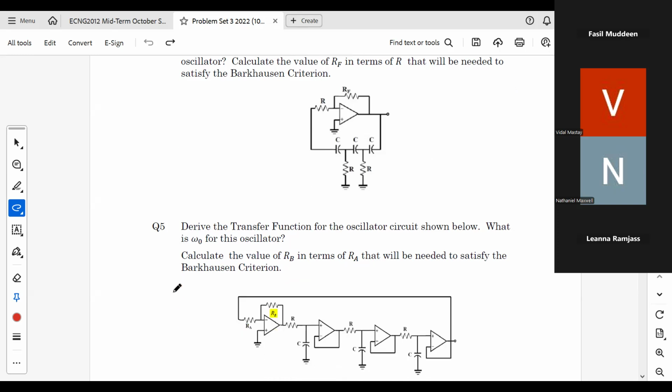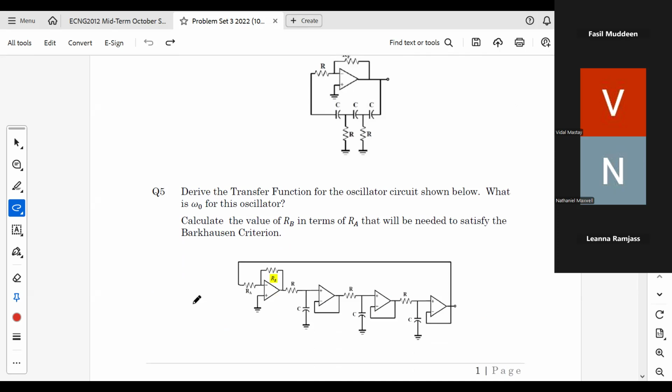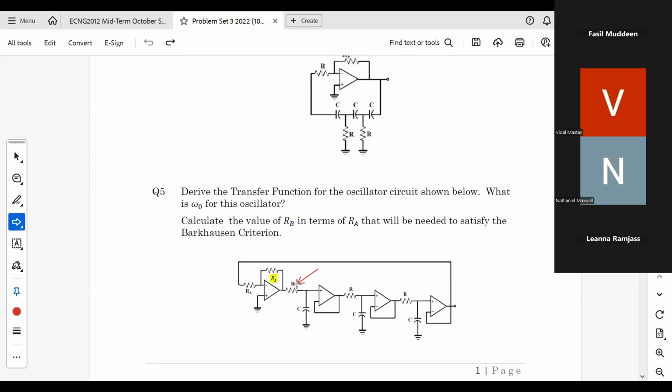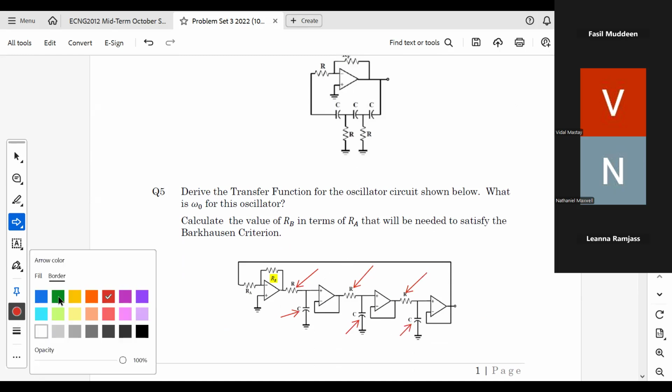All right. This one is actually a little bit easier because the R's and the C's here are all isolated by the op-amp.